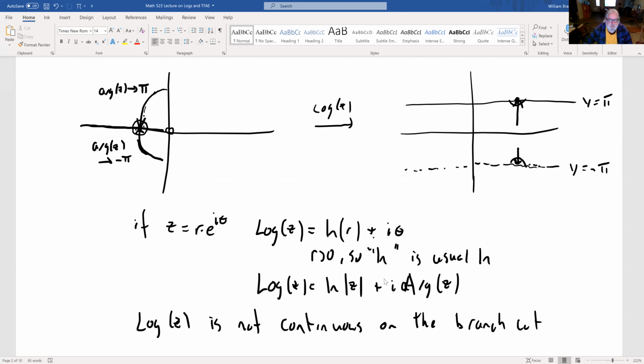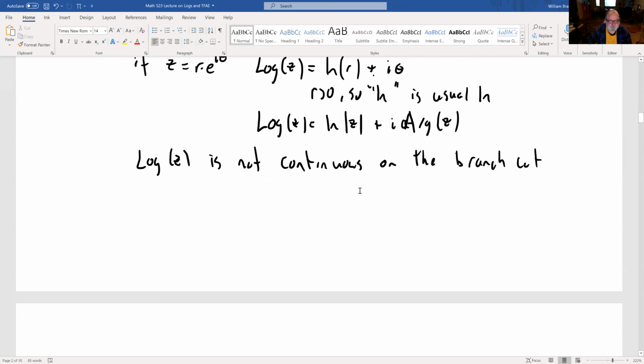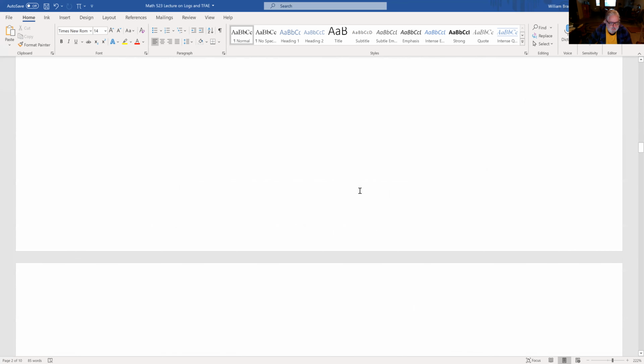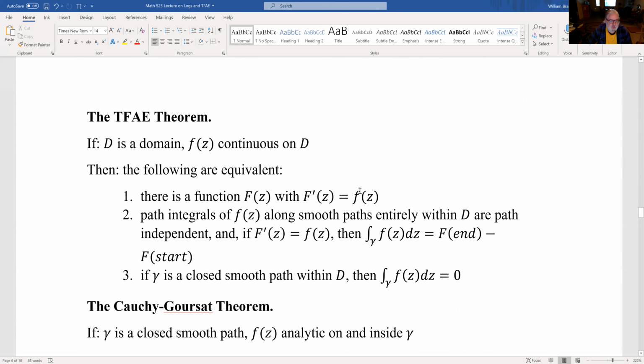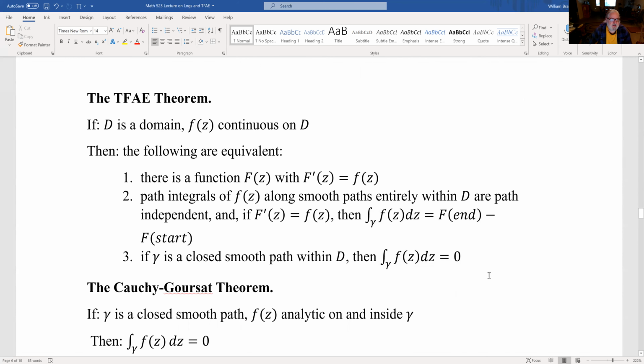And associated with that problem is going around 0, and the discontinuity in log of z is part of that. So way down here somewhere, we have this theorem, the TFAE theorem.